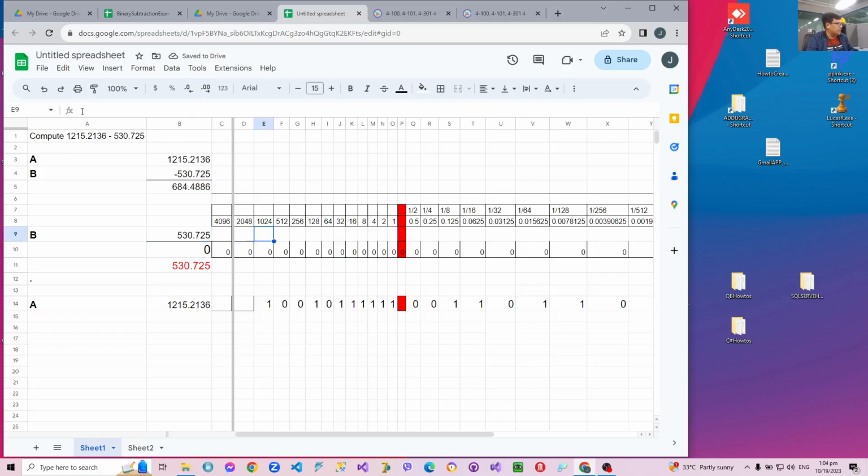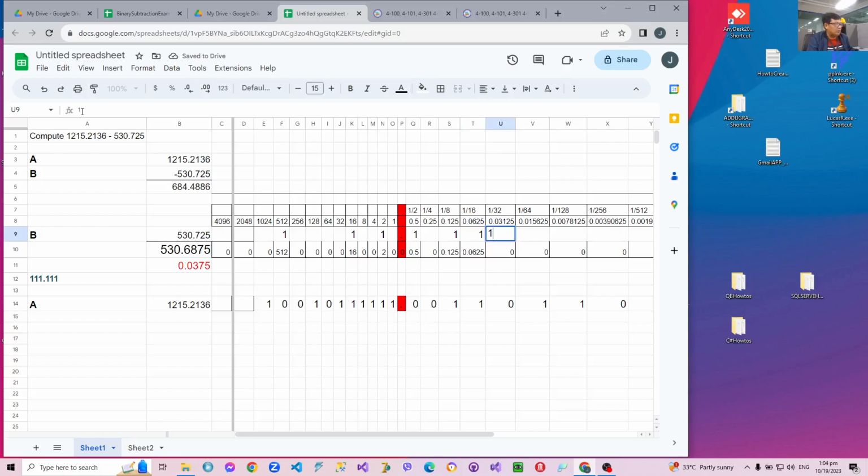Our first pick is 512, followed by 16, followed by 2, and then followed by 0.5 over to the binary point, followed by 0.125, followed by 0.06.